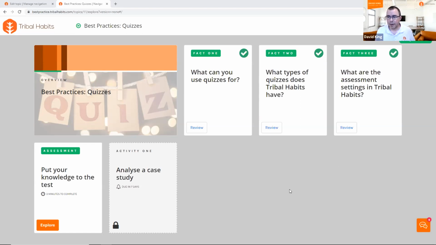Yeah, so I've got a question here from Steve about hotspot. Yes, we're going to do a hotspot quiz. It's already mocked up, ready to go. It's just in the queue to get addressed. I think it probably is in the 10 to 12 week stage at this point, looking at the development roadmap. It's essentially going to allow you to put an image up and have people click on the image and get right or wrong feedback based on that.